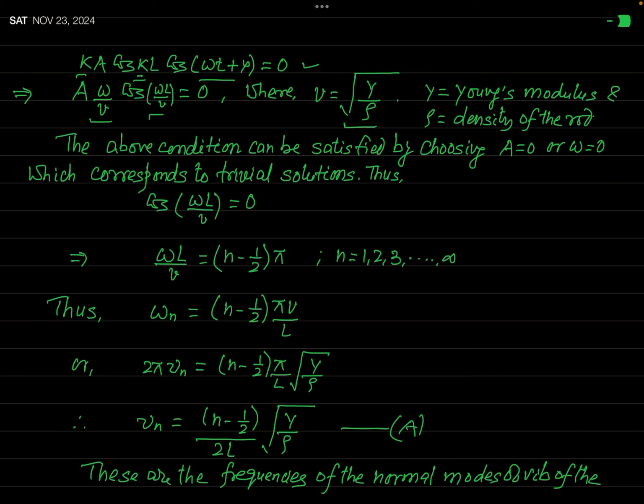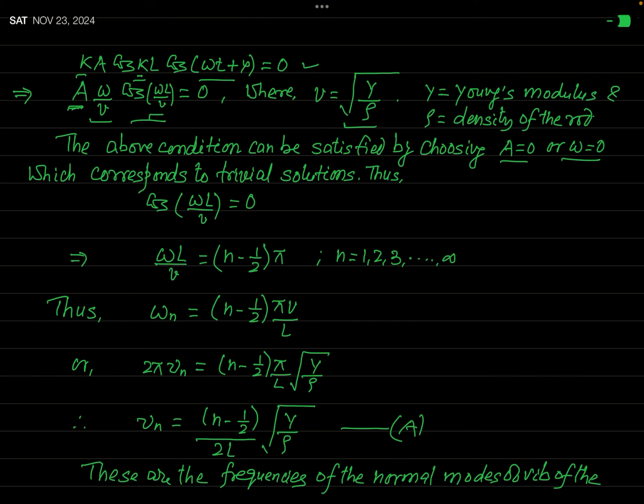Now you can see this equation: a times omega over v times cosine of omega L over v is equal to 0. This condition may be satisfied if you take a equal to 0, because then the result will be 0. If you take a not 0, but omega is 0, even then this result will be 0. But this is not the actual solution. This is a trivial solution, because a cannot be 0 at all time.